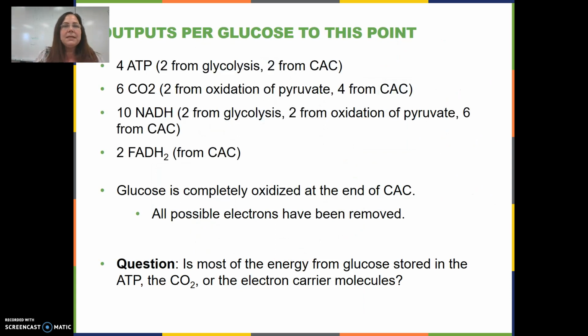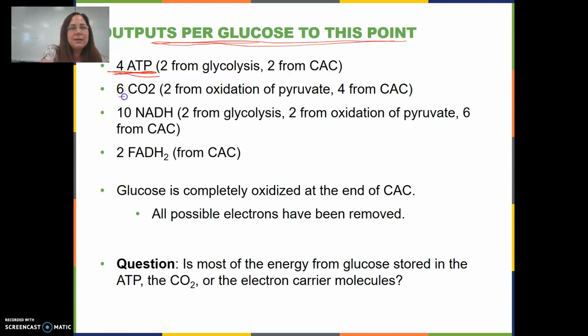Now, up to this point, our glucose molecule that originally was broken down in glycolysis has given us these outputs. So all the way up to this point until we go into the fourth step, the oxidative phosphorylation, we've got four ATP molecules. 2 came from glycolysis, 2 came from the citric acid cycle.